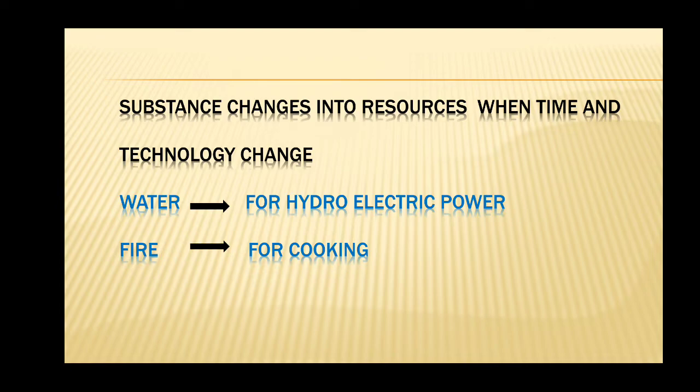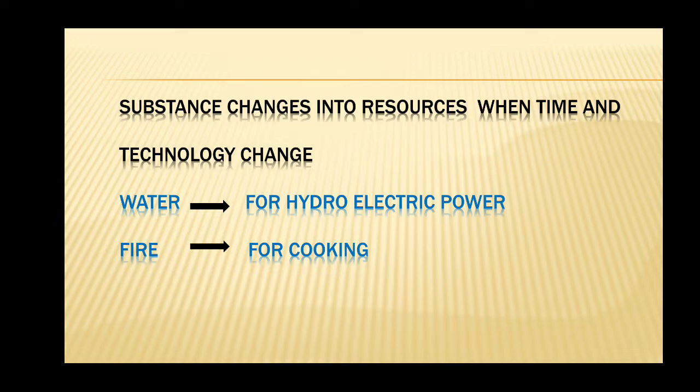Nowadays, water is transformed into hydroelectric power. In the olden days, people never imagined that water could be used as hydroelectric power. So, water was discovered earlier, but now we have changed it into a new resource for hydroelectric power, for generating electricity from it.